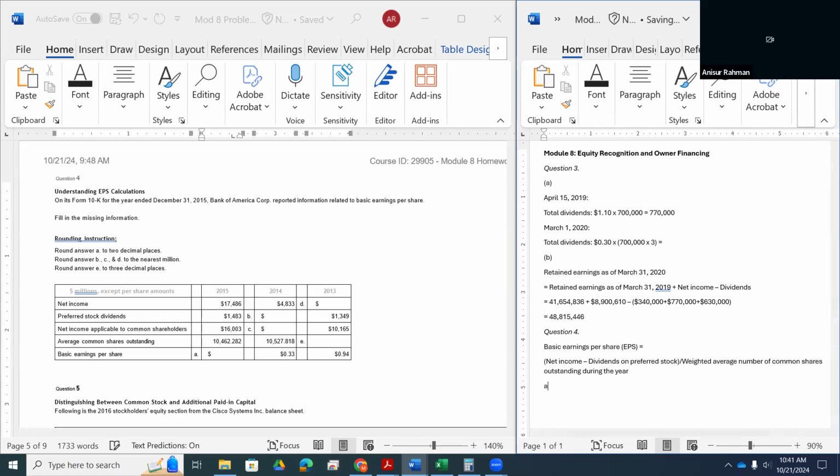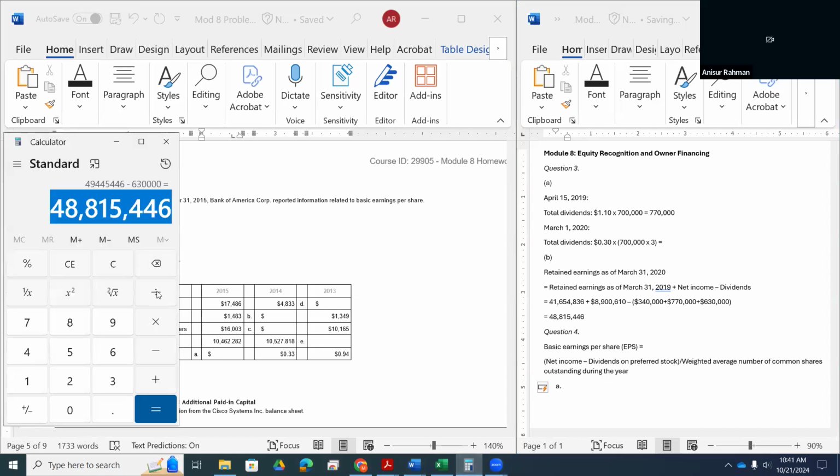So our A will be, so our net income minus preferred stock dividends, net income applicable to common stockholders, is this amount, which is already calculated.